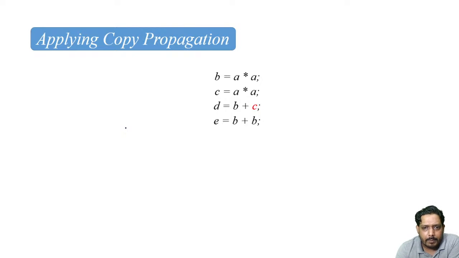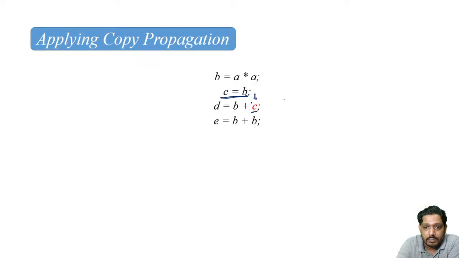Applying copy propagation here, now this is a common sub-expression, C is equal to B. The B has been assigned to this value over here, and please remember that whatever we are copying will be replaced.